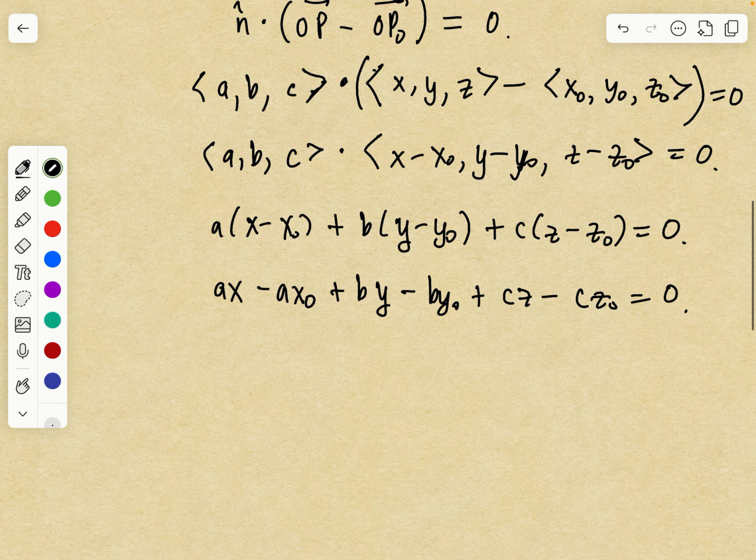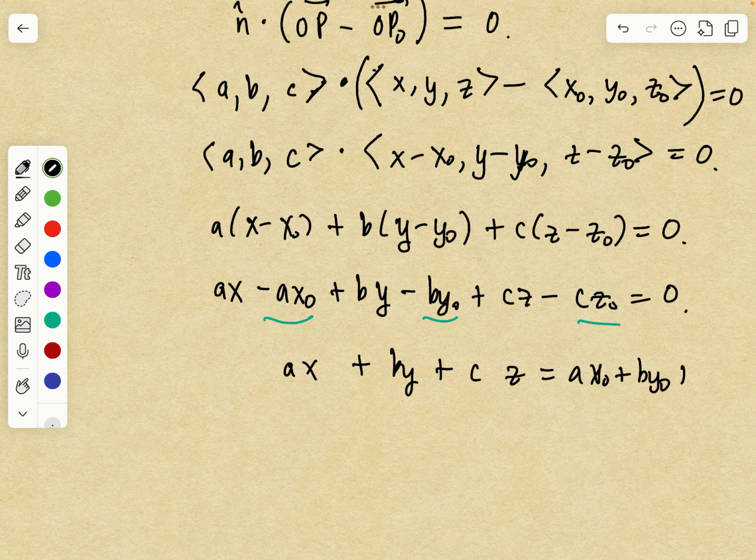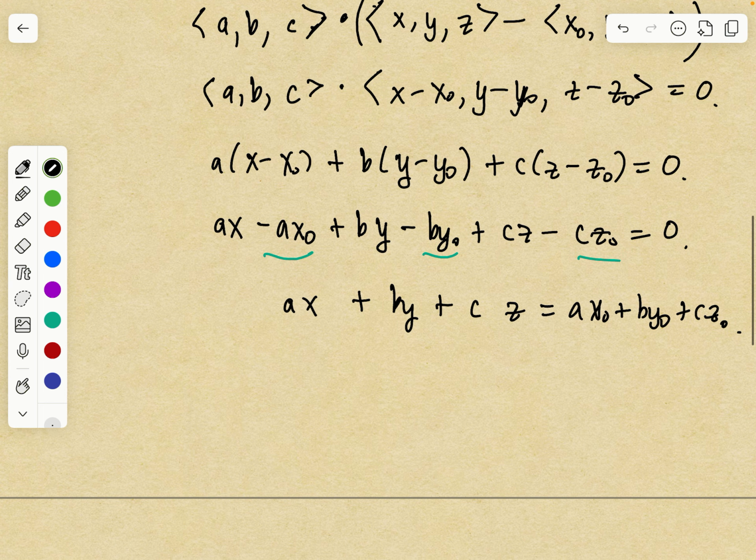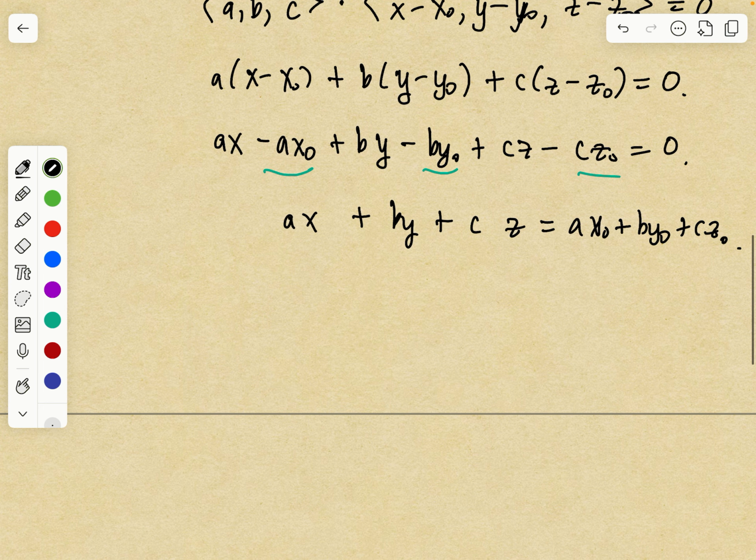Then we can add the terms ax0, by0, cz0 to the other side, and that gives us ax plus by plus cz equals ax0 plus by0 plus cz0. And that's an equation of the plane.